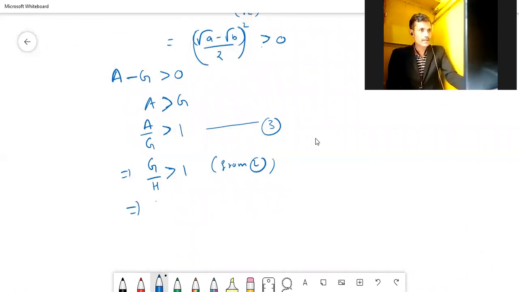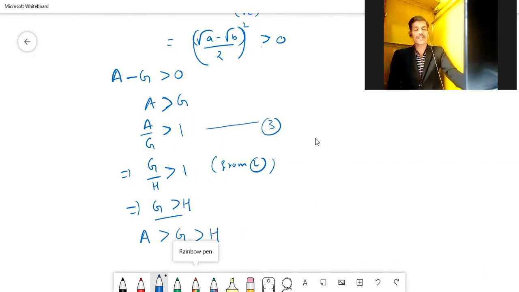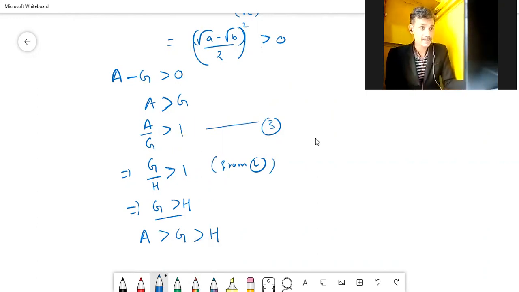Okay, G is greater than H. When A and B are distinct numbers, we can say the arithmetic mean is greater than the geometric mean, and the geometric mean is greater than the harmonic mean. When A and B are distinct numbers.